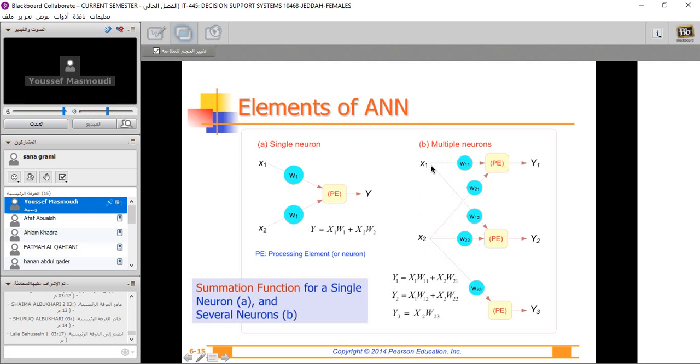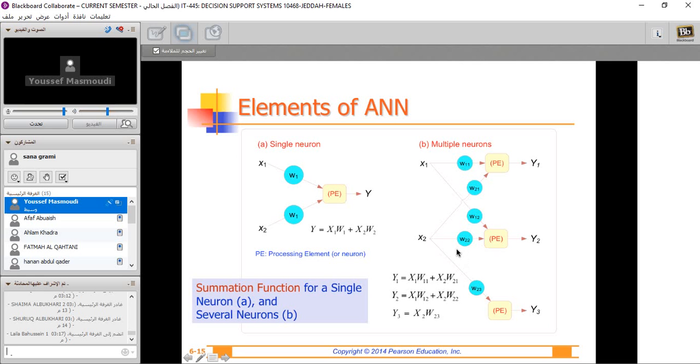That means x1 enters the first neuron with weight W11, and enters the second neuron with weight W12. The second input enters the first neuron with weight equal to W21, enters the second neuron with weight W22, and enters the third neuron with weight equal to W23.